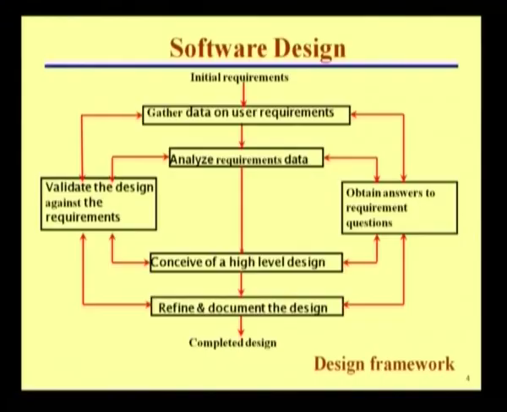This particular picture indicates the overall software design process. Initially, we have a set of initial requirements which have been collected from the software requirements document, called SRS. Then it will go for data on user requirements. We will analyze the requirements.